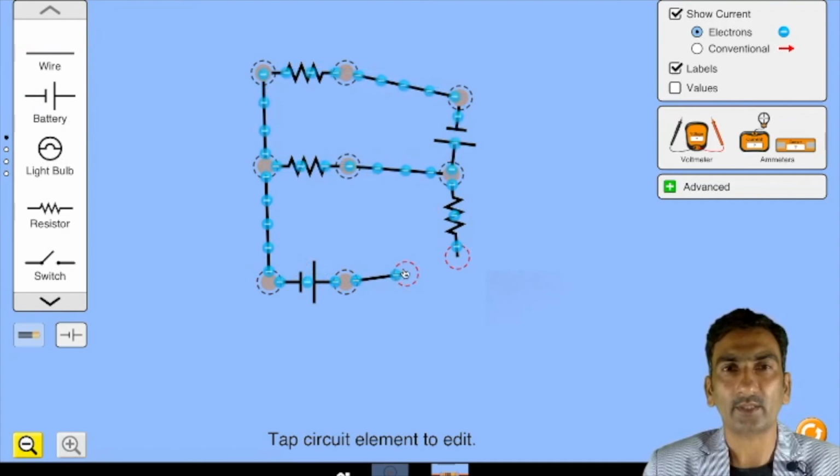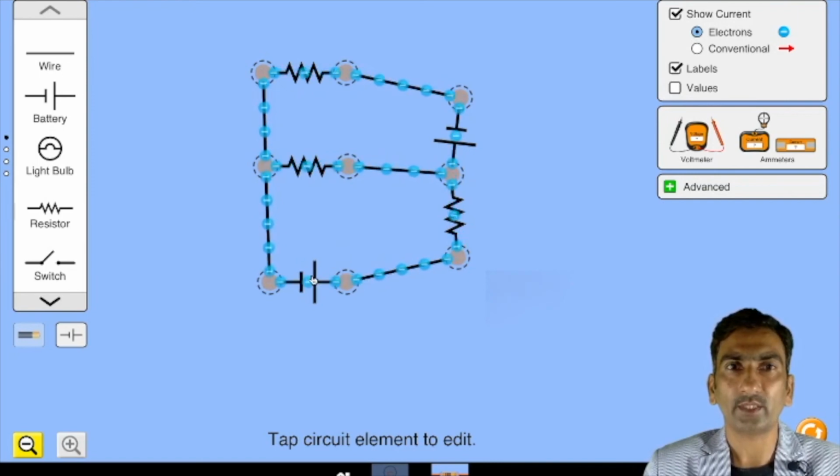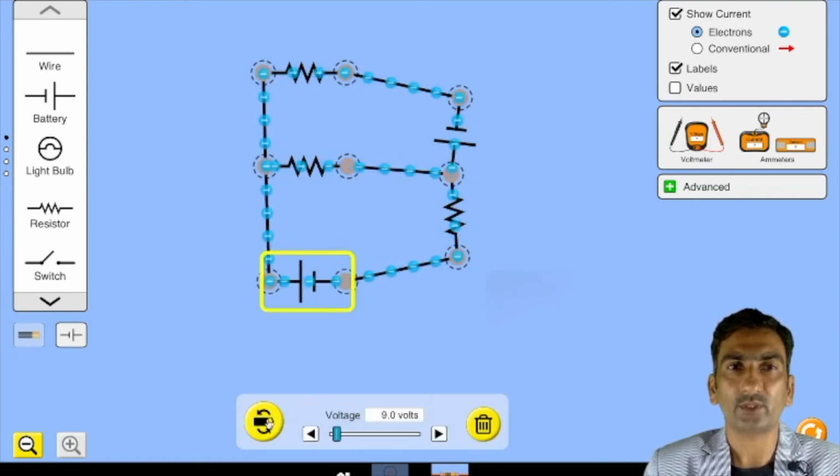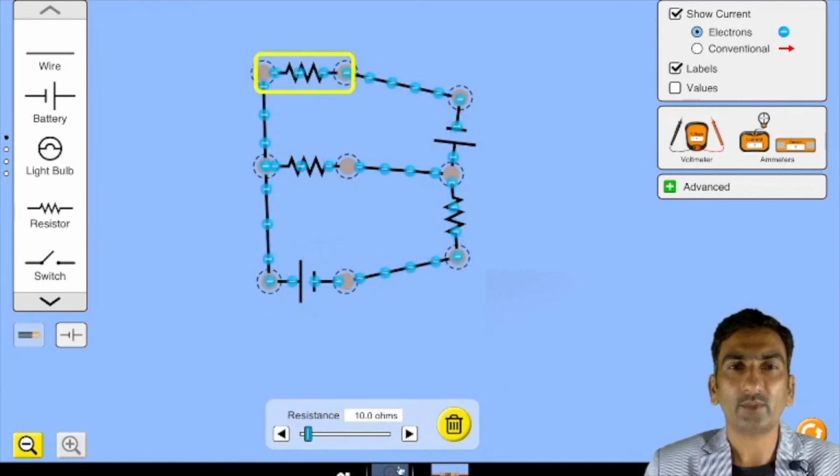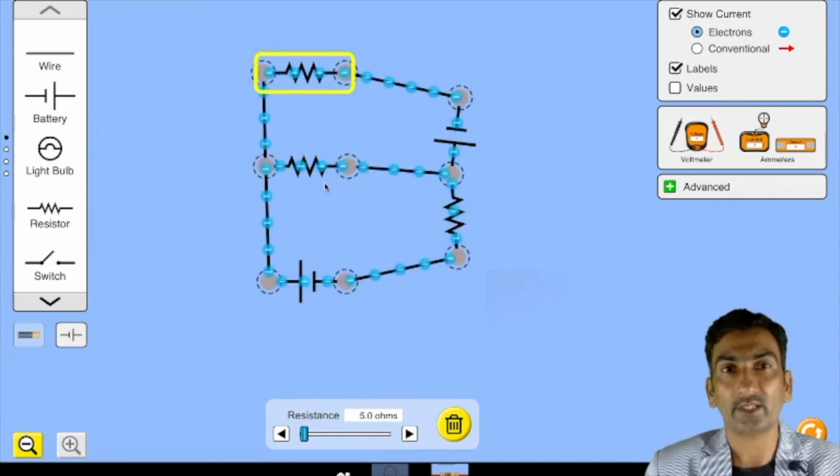Like this part. That was the circuit, hopefully, and this battery was in that order. That resistance value was 5 ohm, so we mark it 5. Let me check as per the circuit diagram.